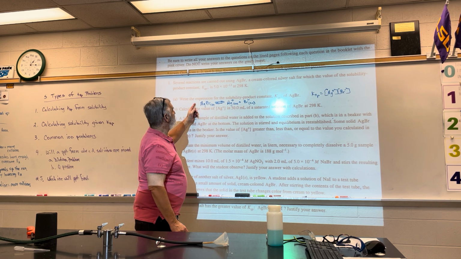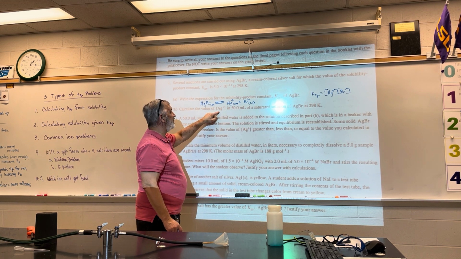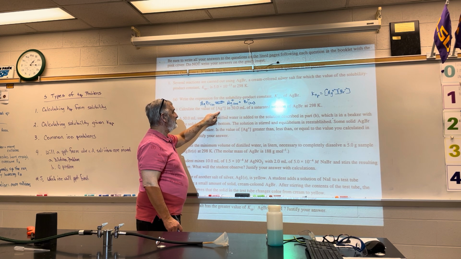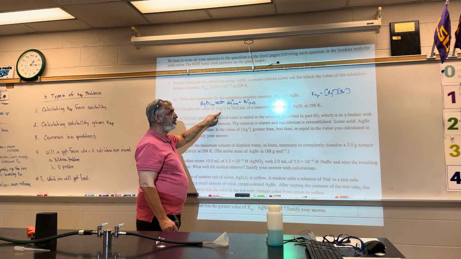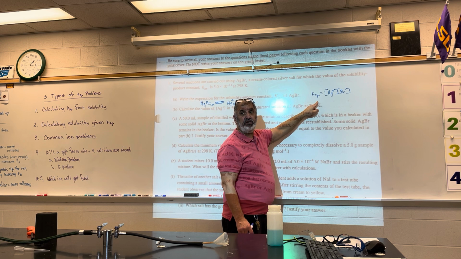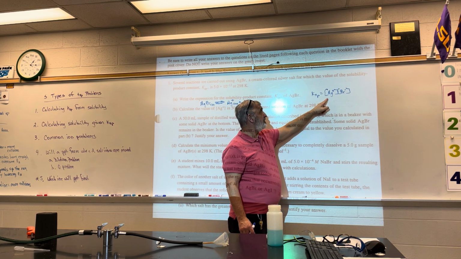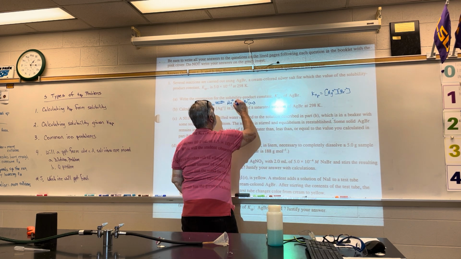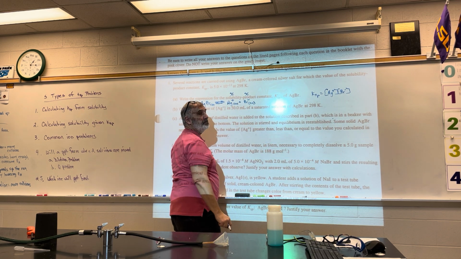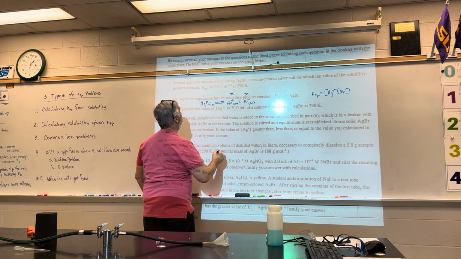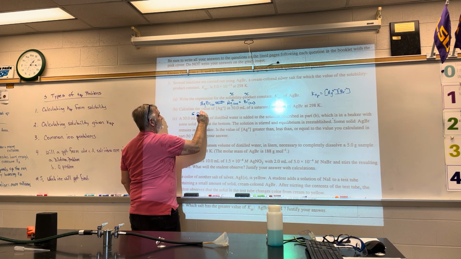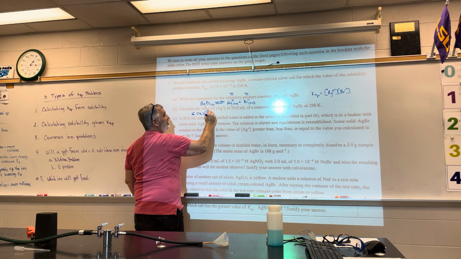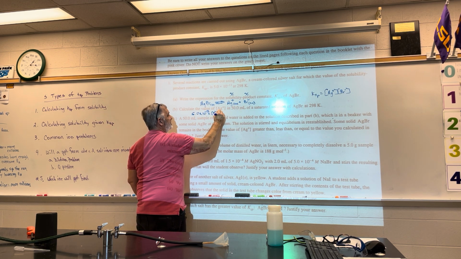So write the expression, then calculate the value of the silver ion concentration. So how do I find the silver ion concentration here? What do I know? Here's my equilibrium expression. I know KSP. So what are these two values going to equal? X and X, right? If I'm going to have X amount of this one, I'm going to have X amount of that one. So it's simply 5.0 times 10 to the minus 13 equal to X times X. So you just take the square root.